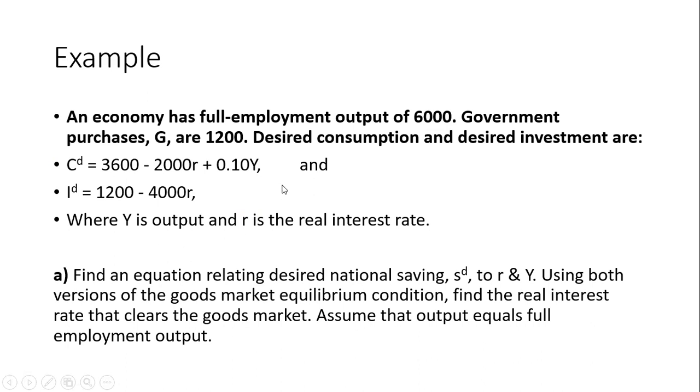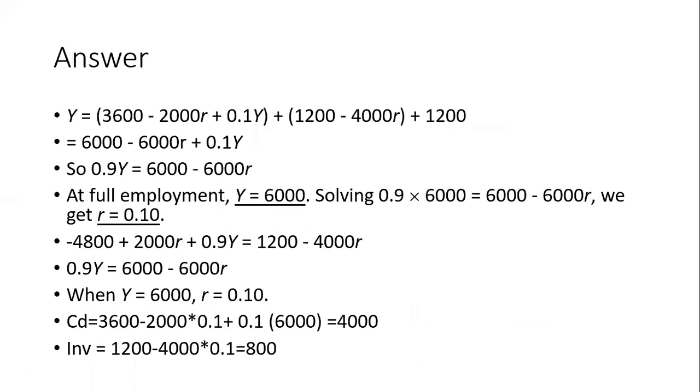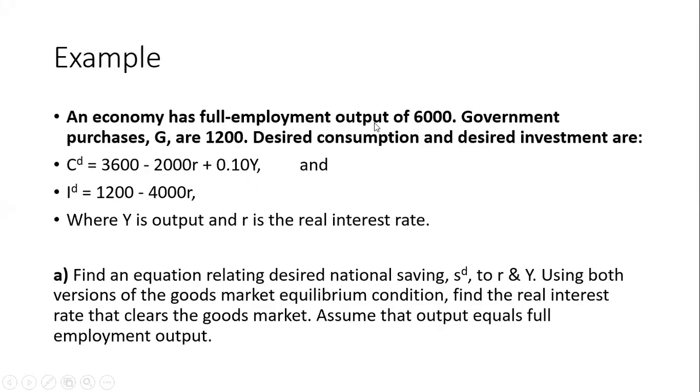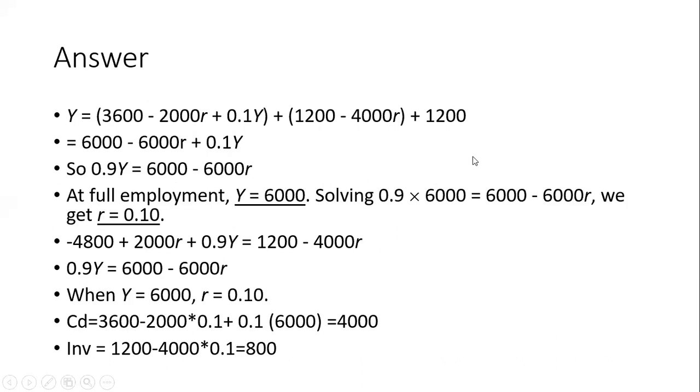If I'm going to rearrange and find the equation for the rest of the model, we're going to substitute by putting the 3,600 minus 2,000R plus 0.1Y. And this 1,200 minus 4,000R comes from the investment function, and then plus the 1,200 of the government.